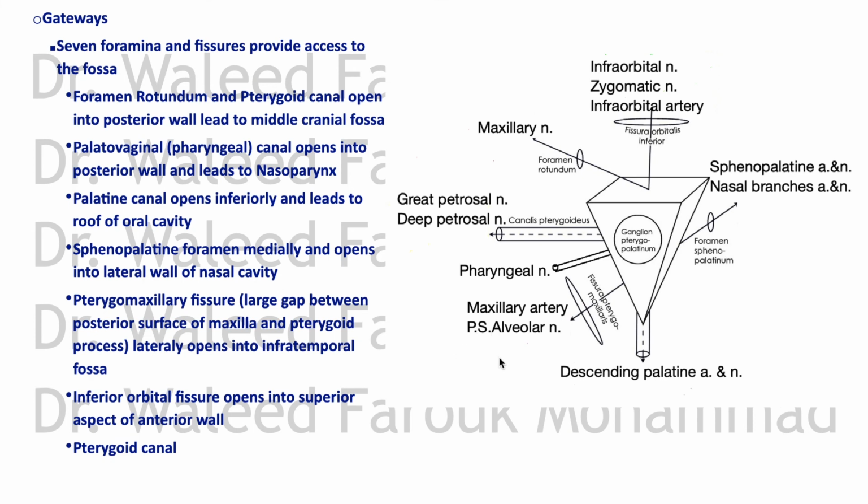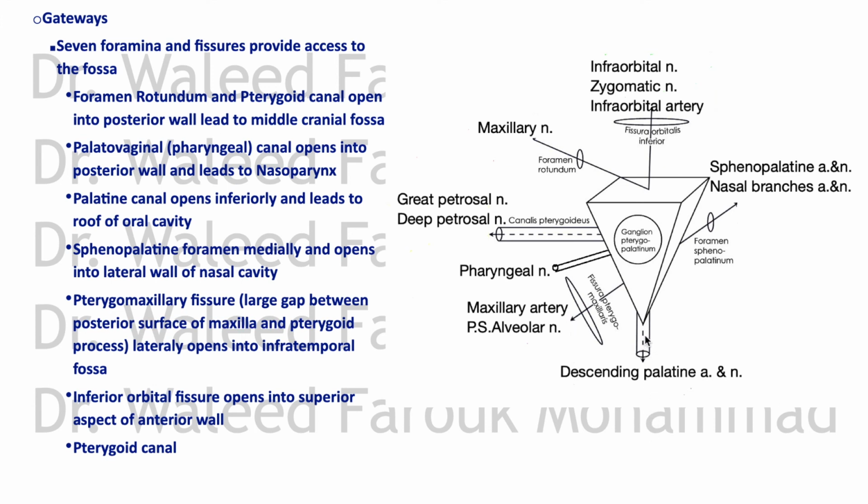Now, there are 7 foramina, or so-called gateways, that you can get into the fossa or get out of the fossa. This is to be oriented lateral, medial, anterior, posterior, superior, inferior, okay? So let's start with the inferior passage to the oral cavity, which is the palatine canal.